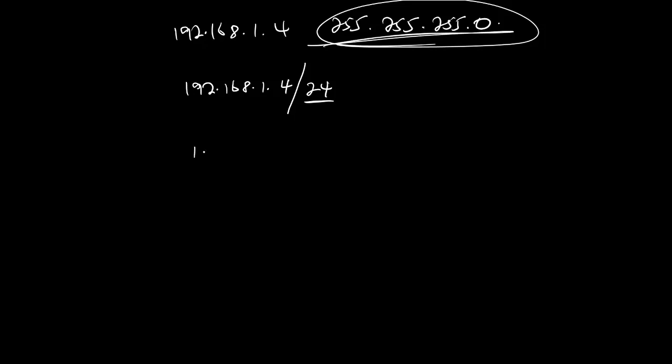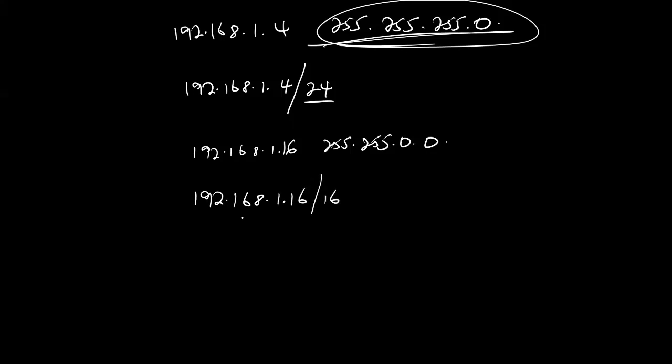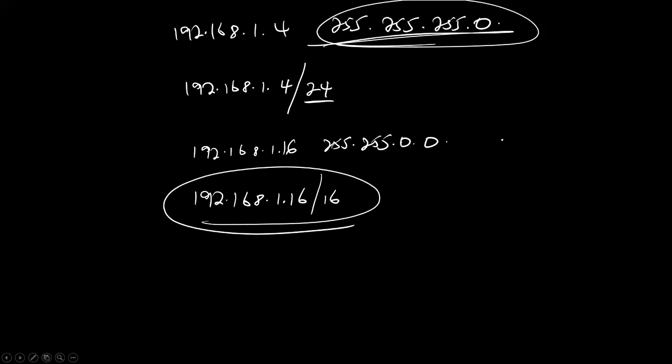We can now write 192.168.1.16 with a 255.255.255.0 mask. I'm struggling to write all that, so we can simply write it as 192.168.1.16 slash what? Perfect.